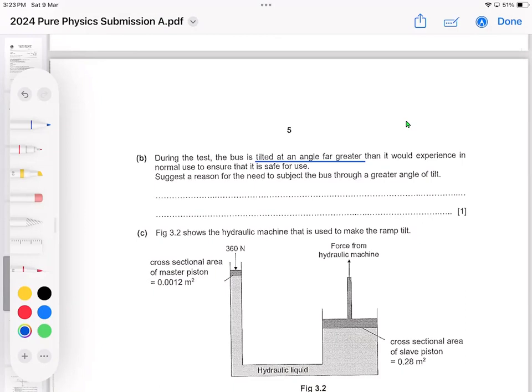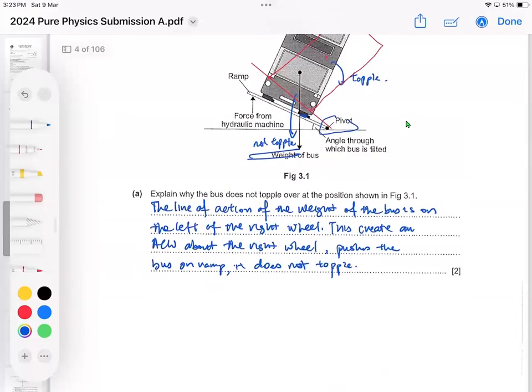So how will the passenger sitting behavior change the CG position? When all the passengers are towards the back of the bus. More importantly, if a lot of passengers sit to one side, then let's say the CG is still at the same height, but shifted somewhere here to the right.